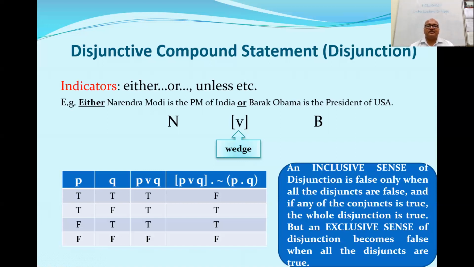Either a student is poor or the student gets top grade, he will be given scholarship, or the scholarship is meant for either a poor student or the topper. Now suppose a poor student tops also. A poor student gets top grade also. So can we deny the scholarship to that student? That would be a very crude form of injustice, right?